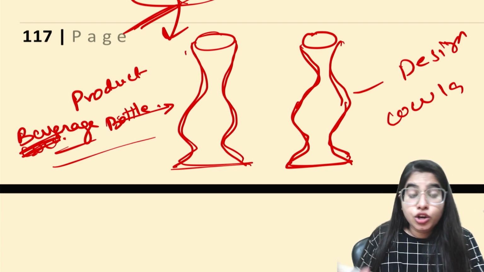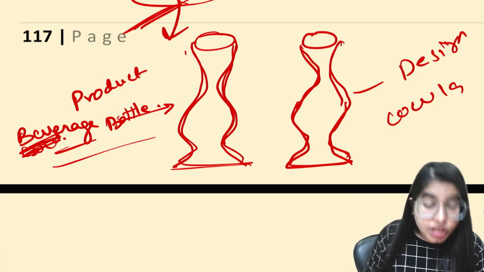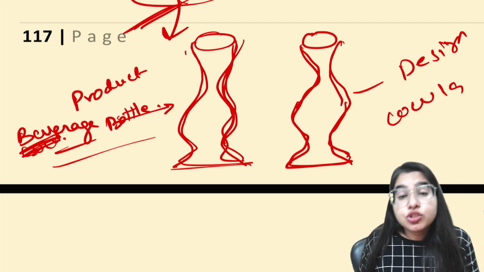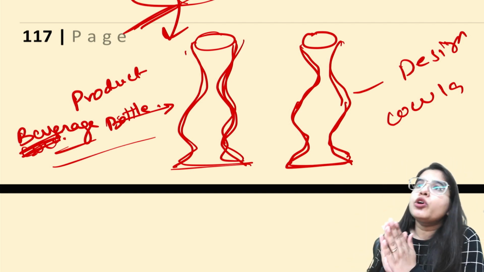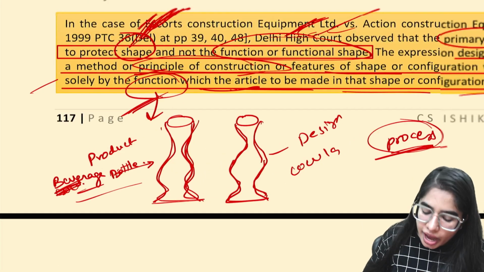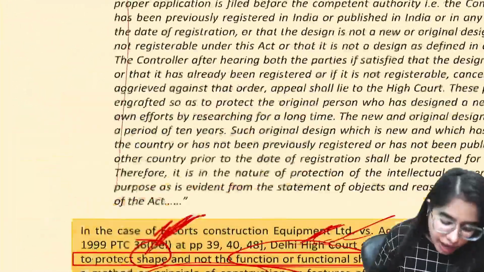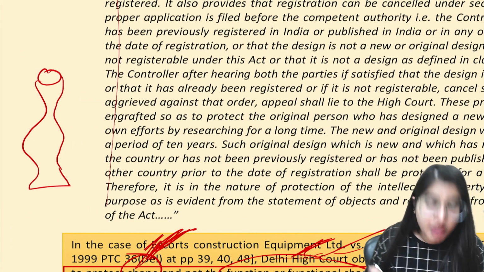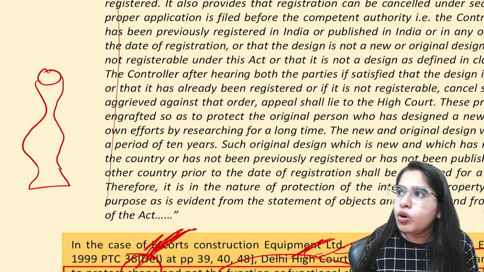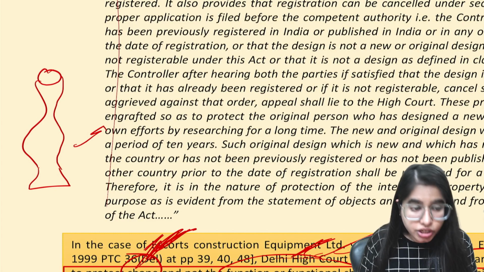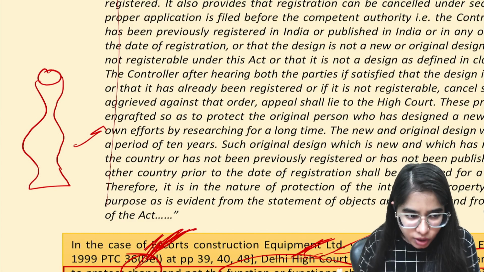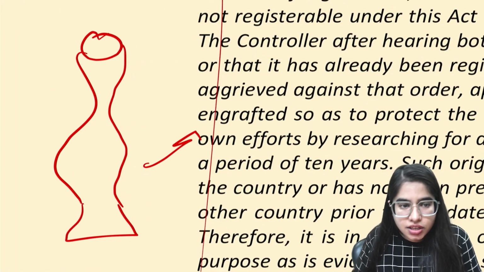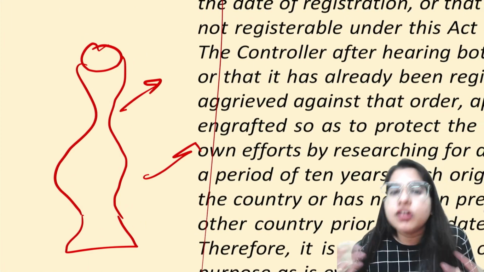So you took a product, a beverage bottle, and on that bottle you are applying that design. Let's say I'm going to the government, saying I want to register this shape as the design. The government will say, "Arey bhai, this shape you are applying to which particular product? What is this? Which product are you applying this shape to?